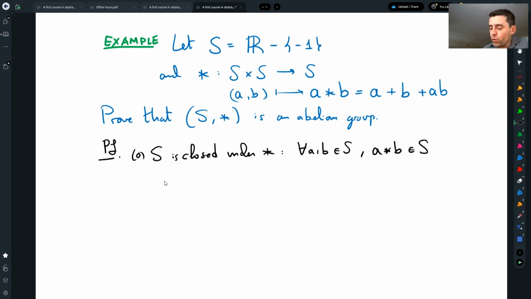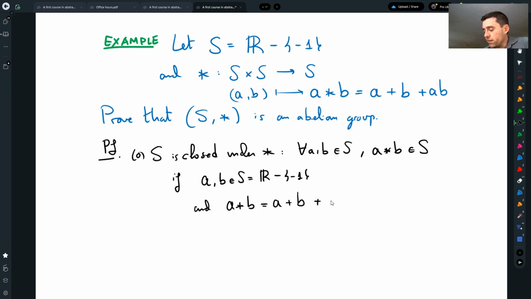So let's see what would happen if A and B are in S, so they are real numbers except -1, and A star B, so A plus B plus AB, is -1.